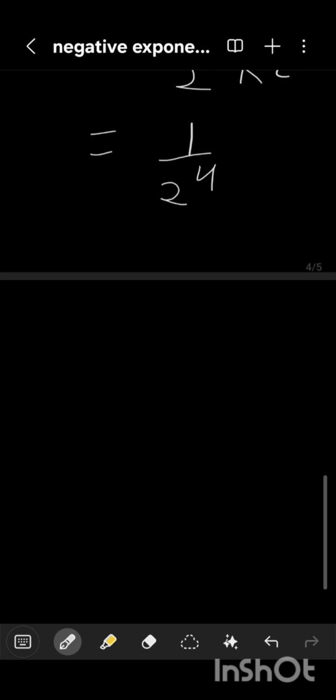Okay, what I am trying to say, children, now it's in your mind that whenever I am telling you 2 to the power minus 4, it means I can write it like this. Yes? Is it clear? We can write it like this.